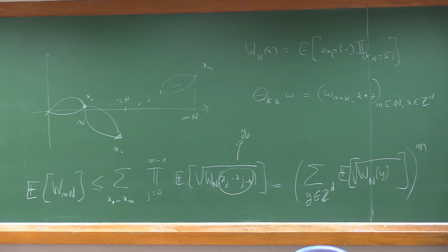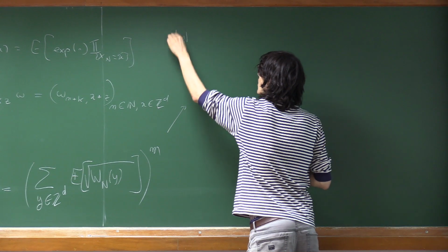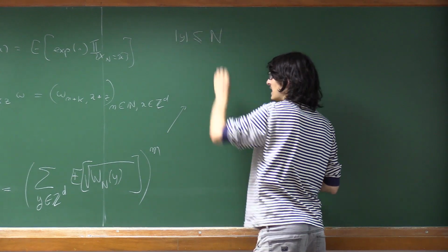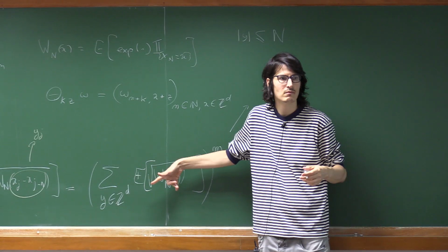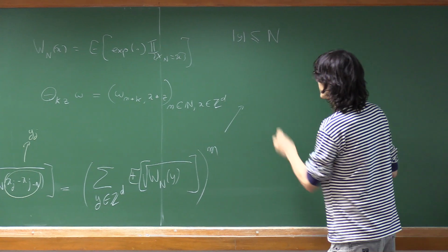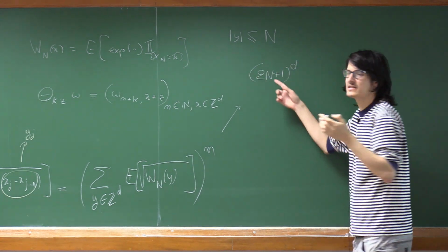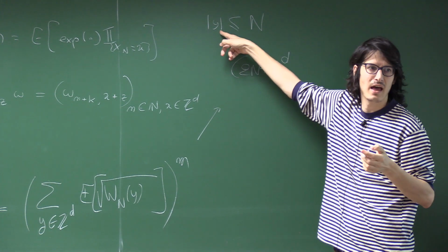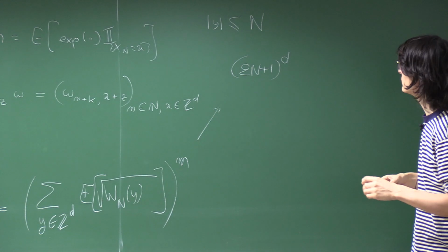Now, this thing, you can restrict yourself to y smaller than n, because these are the only terms that are non-zero. You have 2n plus 1 to the d terms. You have less than this, because we are considering L1 norm, and I'm taking the L infinity ball because this is easier to compute.